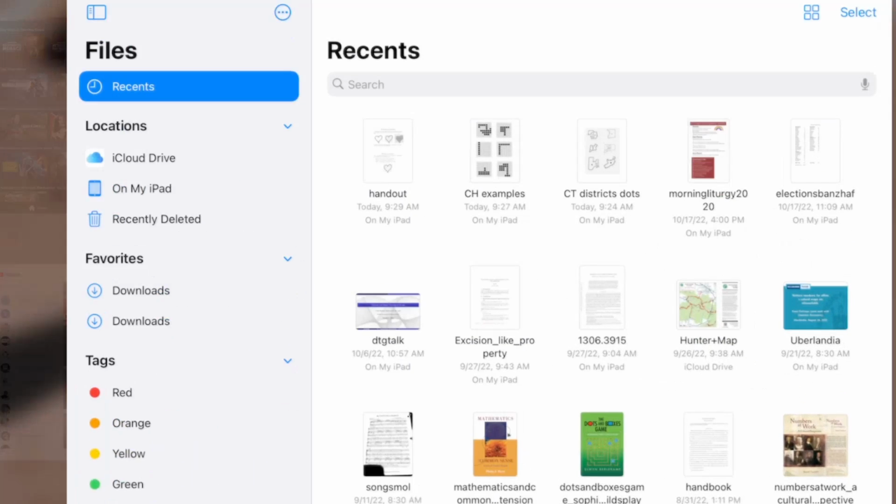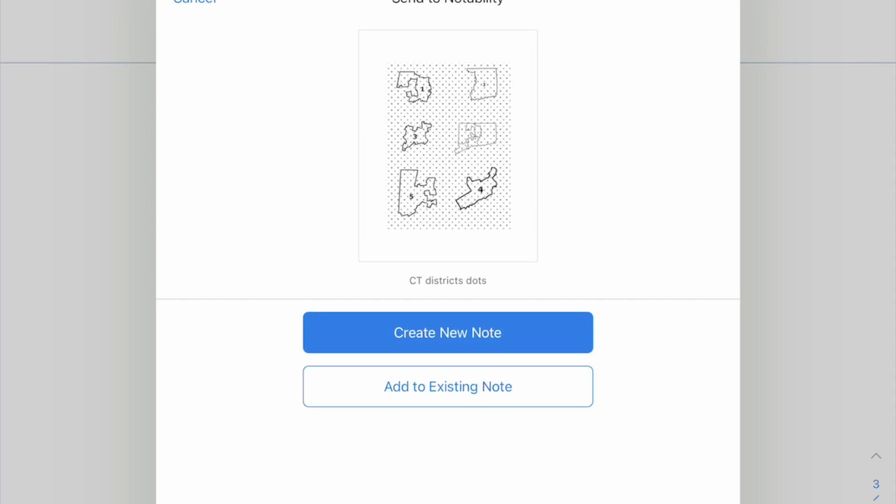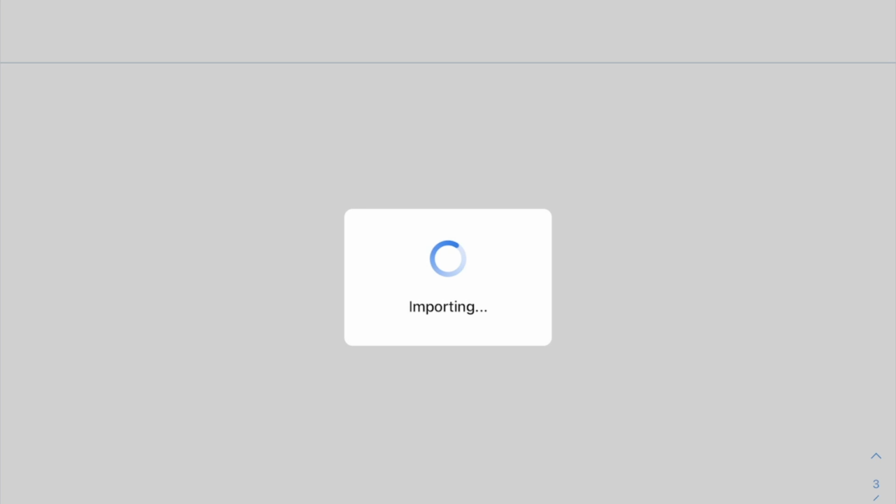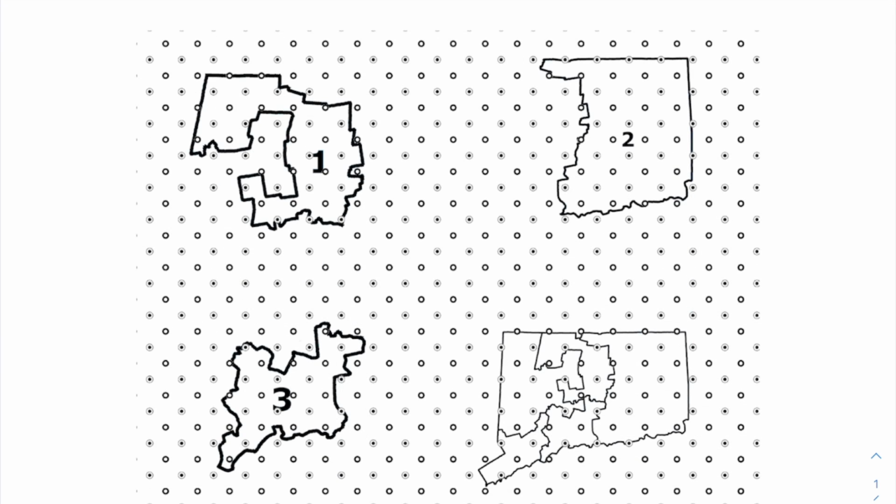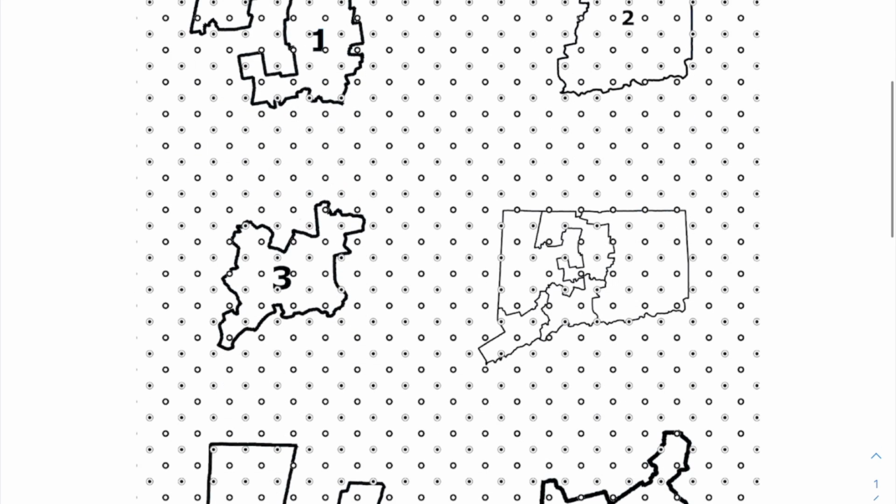So I'm going to get this file also. These are the real Connecticut districts. Now, some of these, just to print them all on the paper, I scaled them up and down. In real life, some of them are bigger than others. And I also, just for fun, put the whole state on there too.